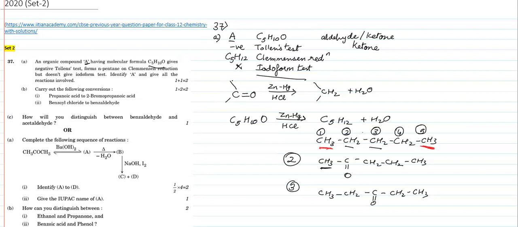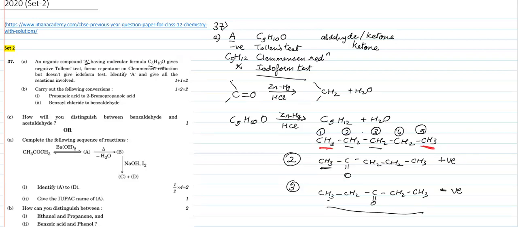So number 2 would have given us a positive iodoform, whereas this does not react, or does not give us a positive answer for the iodoform test. But because it does not, this is the compound.